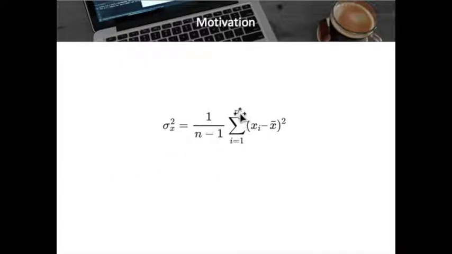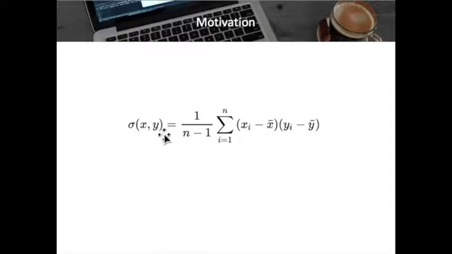Given that we have a number n of samples, say n persons, then we can say x_i might be the height of an individual person minus x bar, being the mean height across the population. And so summing over the square differences here multiplied by this constant in front, we get the variance sigma squared.